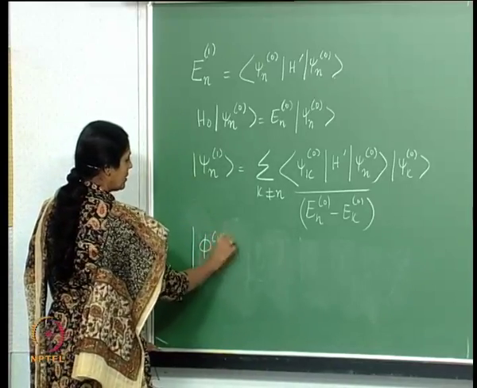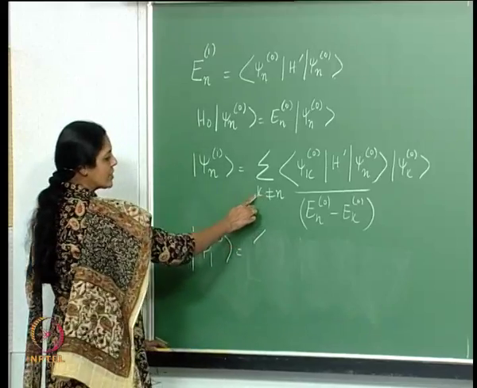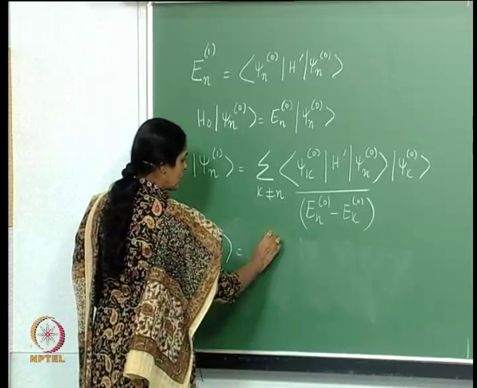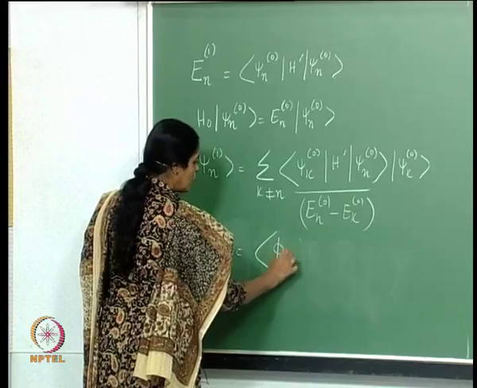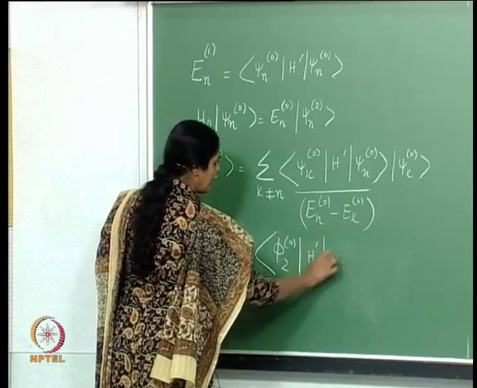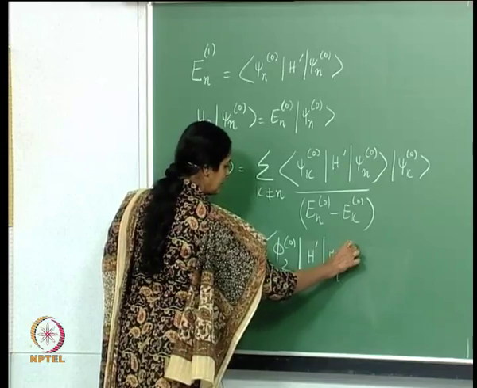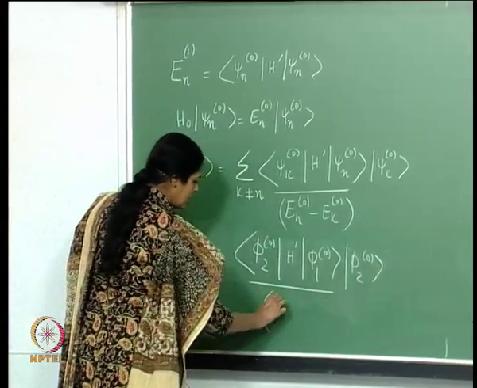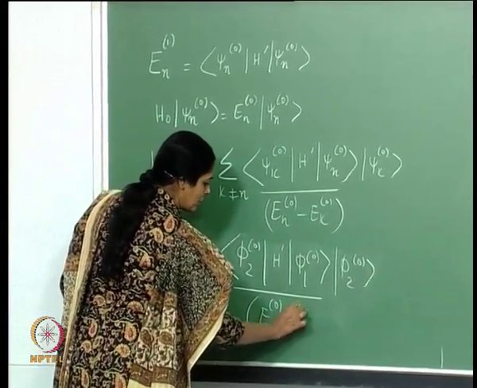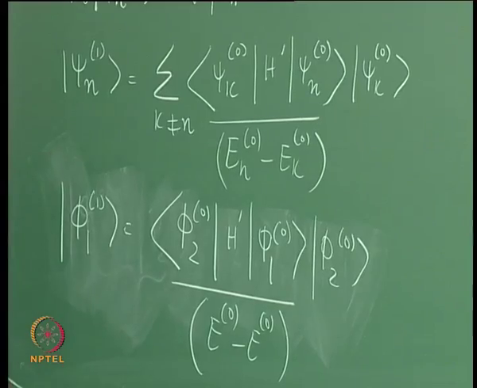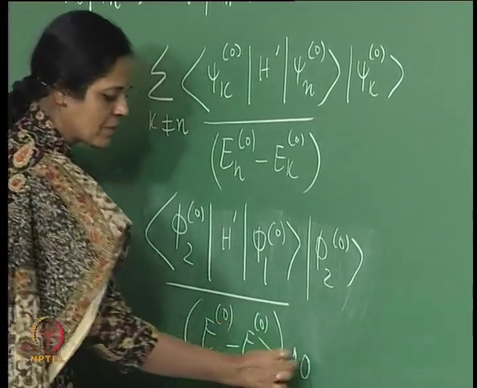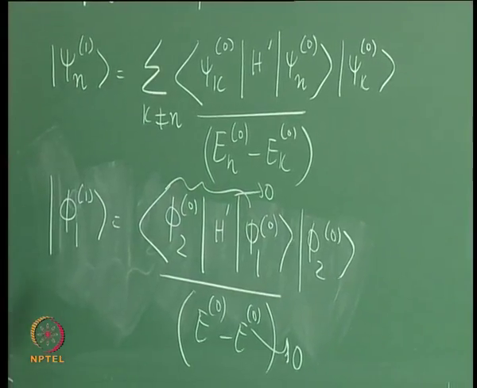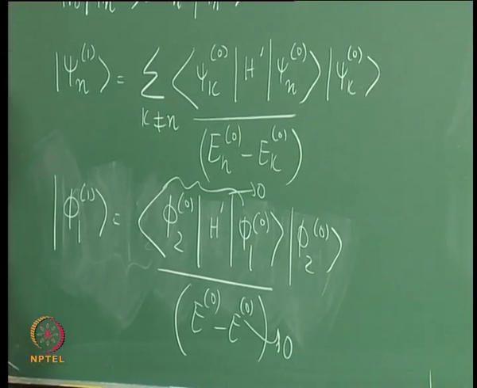So, phi 1 1 would be, there are exactly 2 states, phi 1 1 and phi 2 1. So, this would just be phi 2 0 H prime phi 1 0 times phi 2 0 divided by E 0 minus E 0 in my notation. And since the denominator goes to 0, I would want the numerator to also go to 0 in order to get a non-zero, finite value.